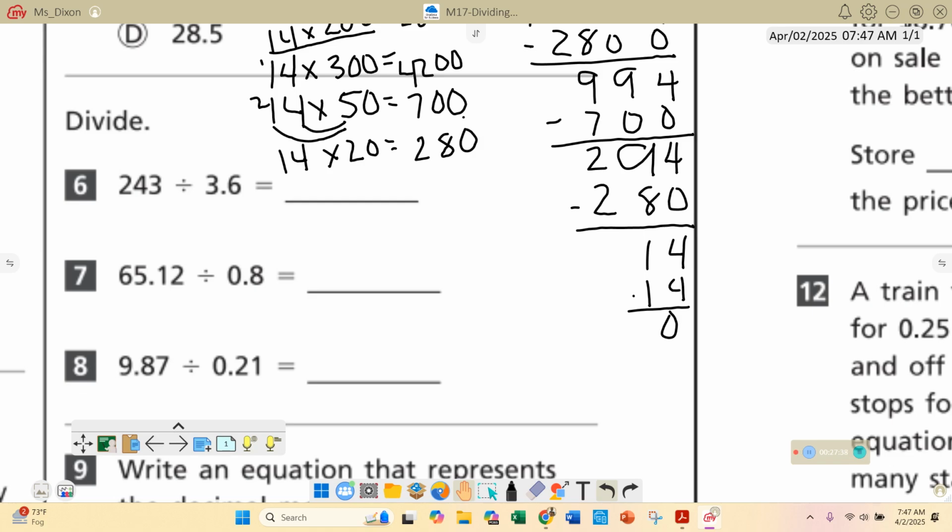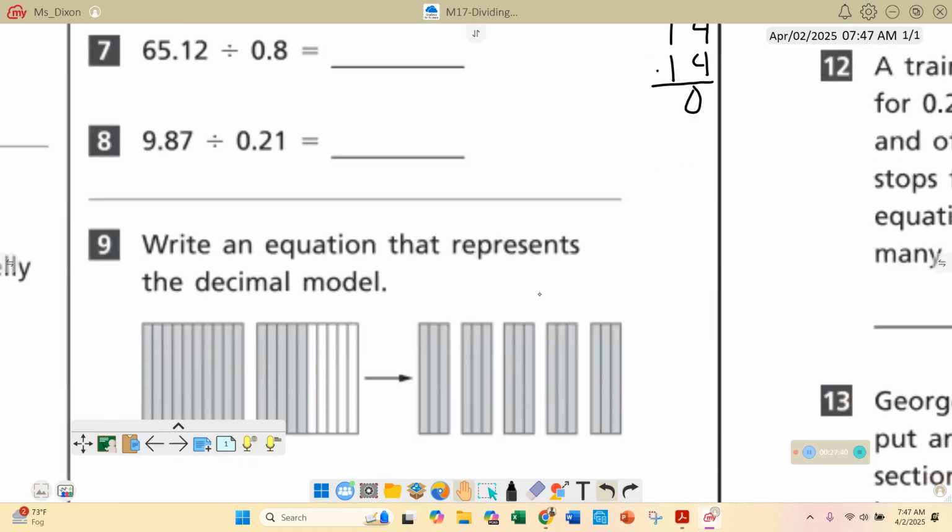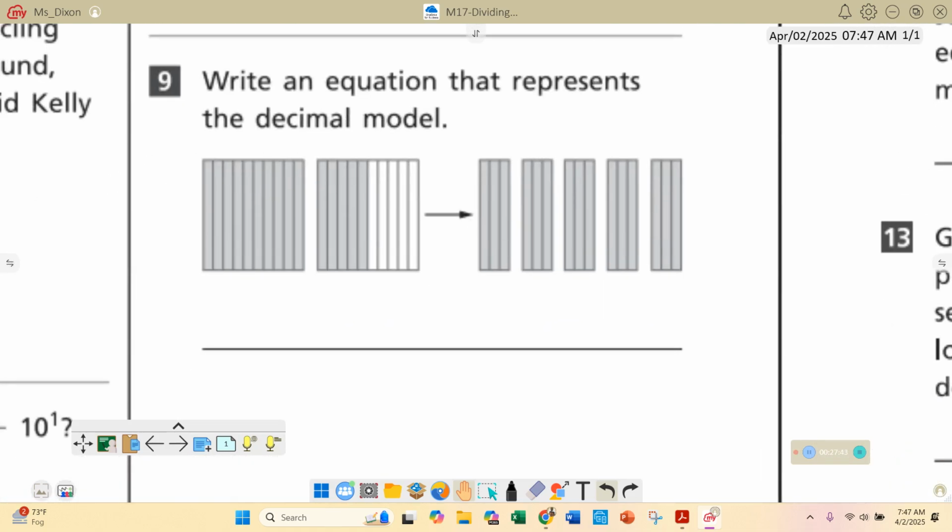All right, let's move on to question number 9. In question number 9, we need to write an equation that matches the visual model that they have given us. So let's start off with this side because this is our total. So that's going to be your dividend. And then this over here is going to be our divisor and our quotient. All right, so let's start with the dividend.